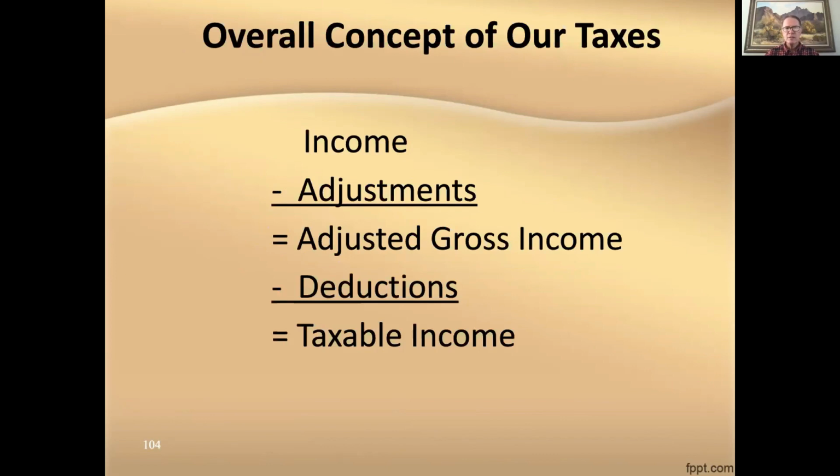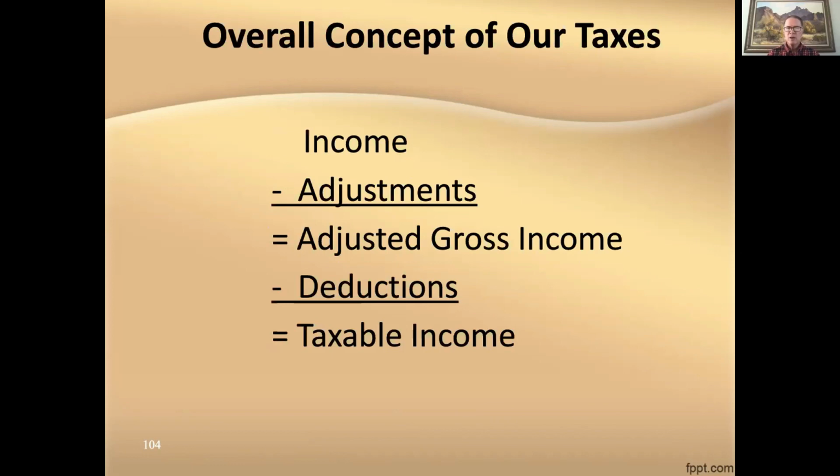This is the basic form of taxes. And what I'm trying to tell you here is this follows the 1040 form, and it follows TaxSlayer's menus. We deal with income, then we subtract all those adjustments to come up with adjusted gross income.